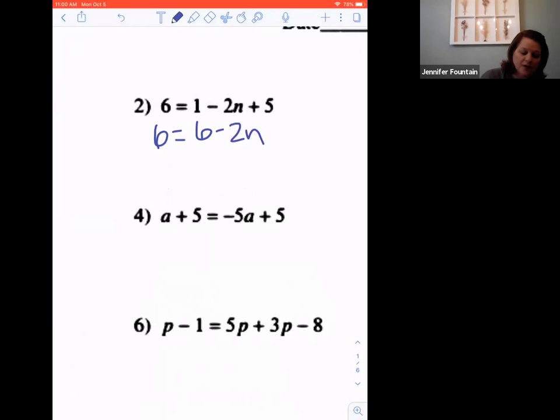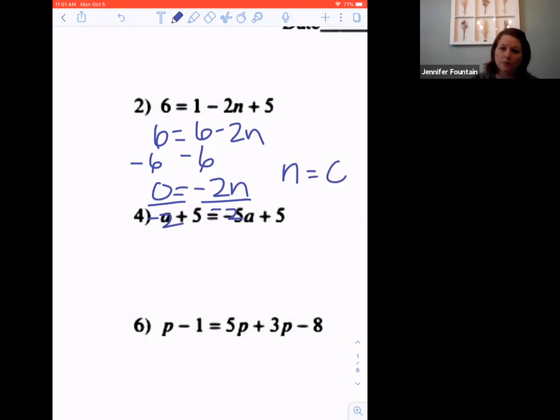If I take away 6 over here and take away 6 over here, then I have 0 equals negative 2n. Divide by negative 2, divide by negative 2, so n is equal to 0. So don't be afraid. If I subtract something on a side and it takes everything away, then my number is 0, right?